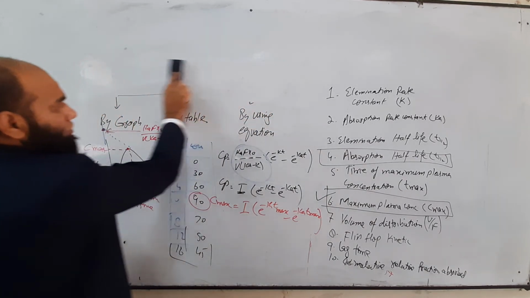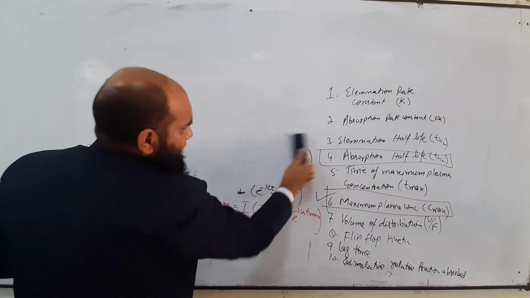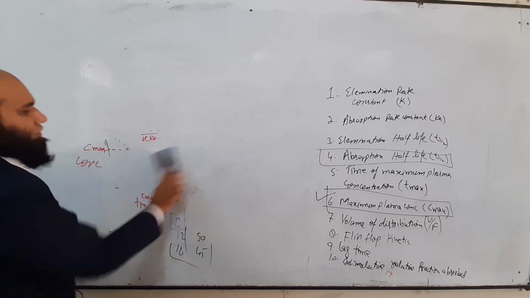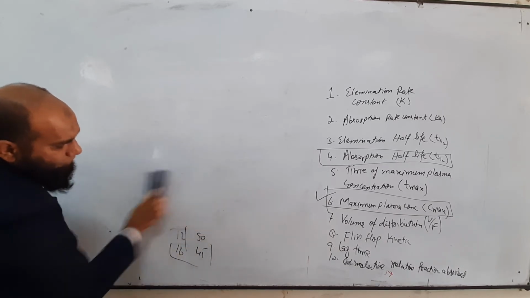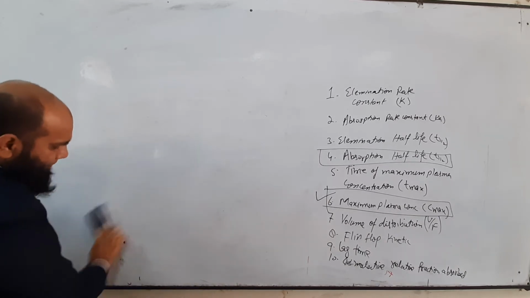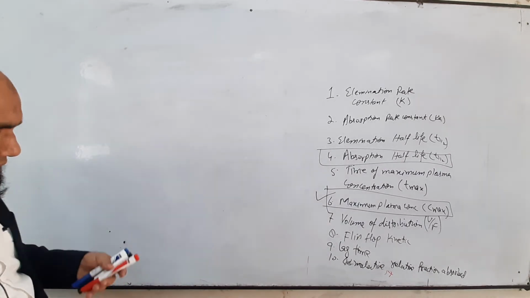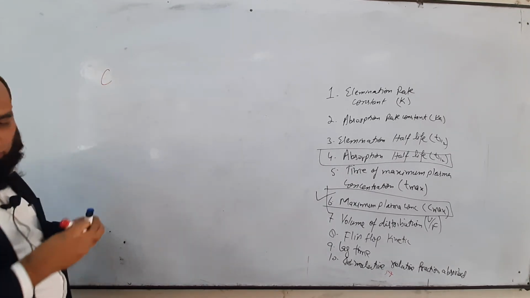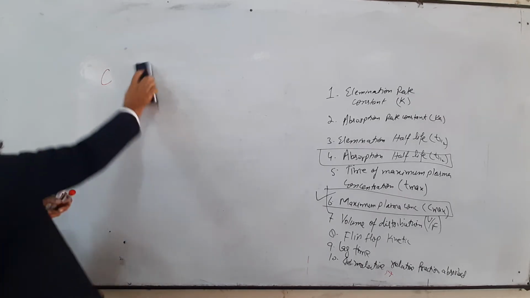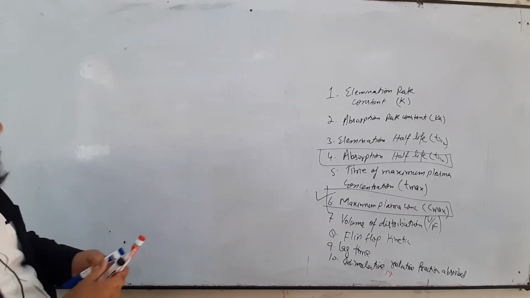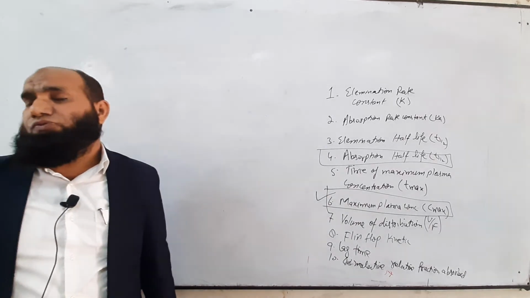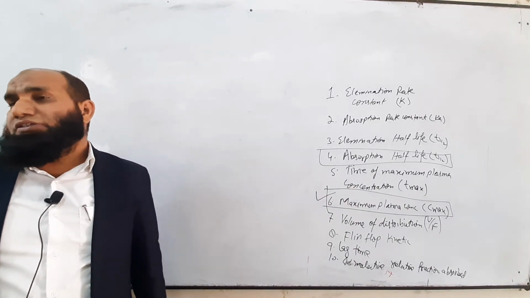But now we are on the oral tablet dosage form. In case of oral tablet dosage form, we have to calculate the value of Cp from the equation of Cp. In case of an oral tablet, we cannot assume the exact amount of volume of distribution present in the plasma.